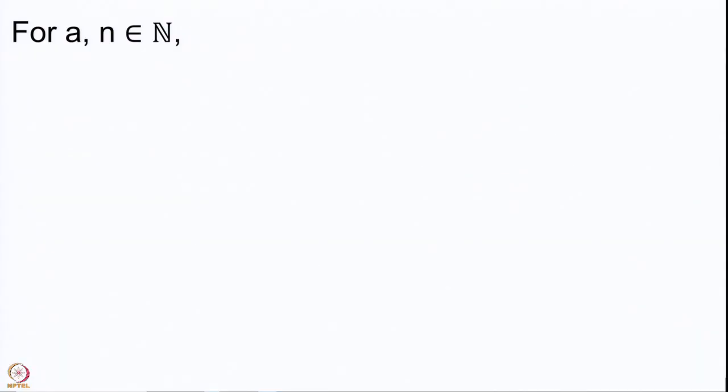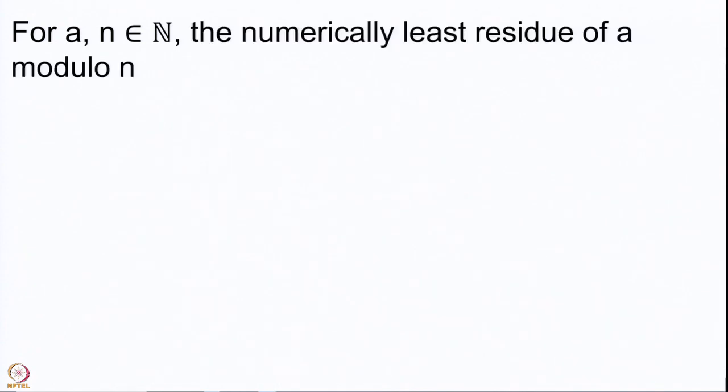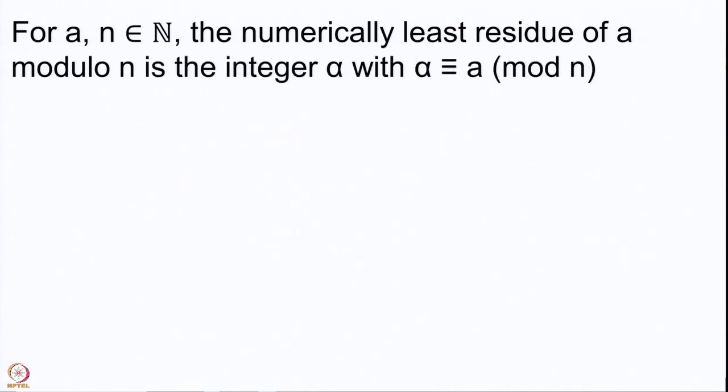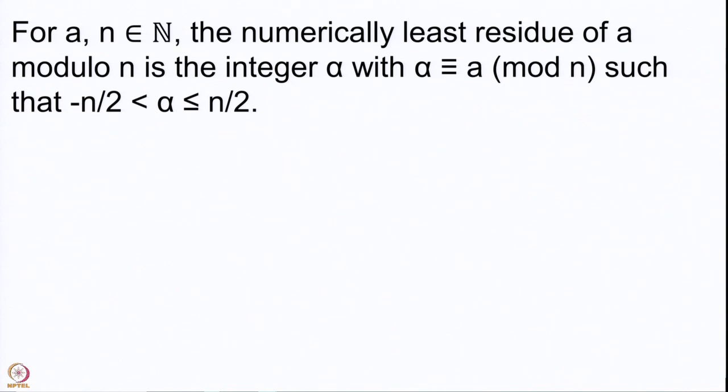Here is the definition. Whenever we have a and n, two natural numbers, the numerically least residue of a modulo n is the integer alpha, with alpha congruent to a modulo n, this has to be there because alpha has to be a residue of a mod n, with the property that -n/2 is less than alpha less than or equal to n/2.